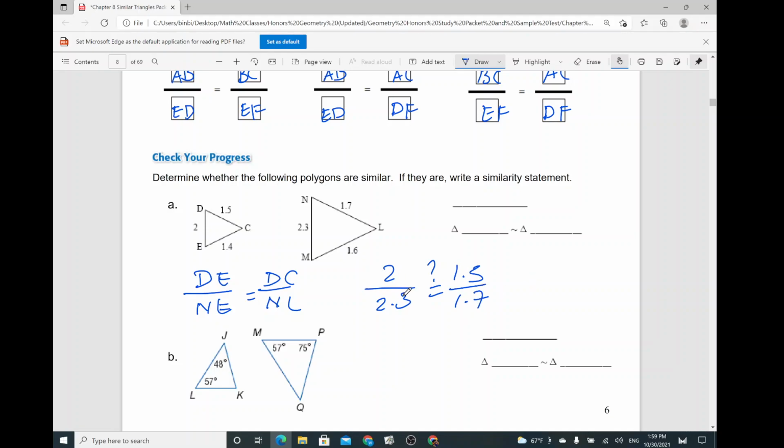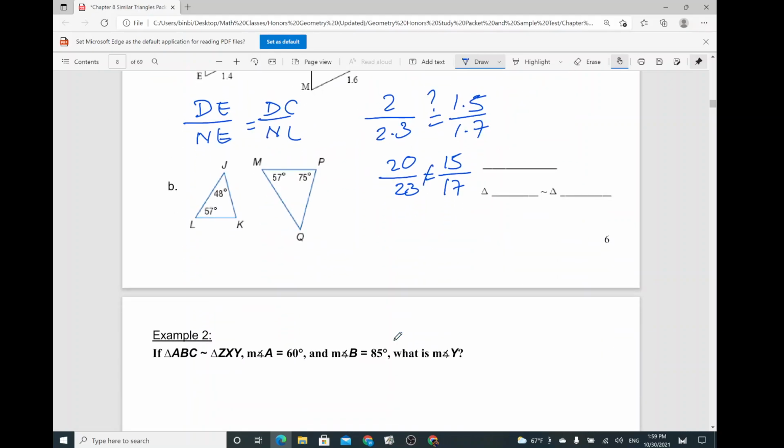Let's find out. Multiplying top and bottom by 10, we get 20 over 23, and 15 over 17. Obviously 20 over 23 is not the same as 15 over 17, so they're not similar. Now what about the other two triangles?